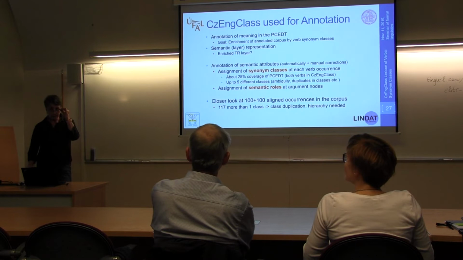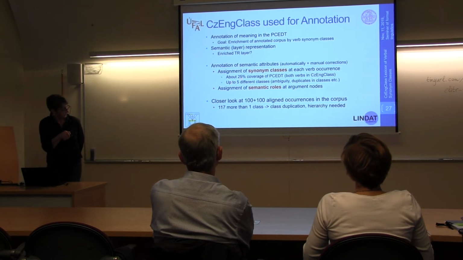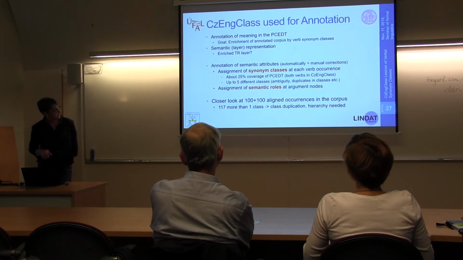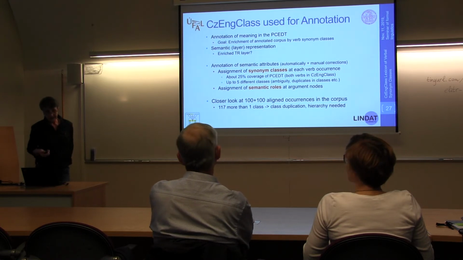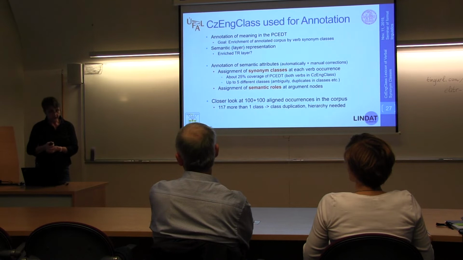Now I would like to mention an experiment we have been doing almost 1 year ago, actually. So I realized that the coverage of the annotation was 25%, but now it would be much higher, I guess. But anyway, we wanted to annotate meaning, and for the moment, and I will talk to this later as well, we try to enrich the tectogrammatical layer in the Prague Czech-English Dependency Treebank by the meaning representation.